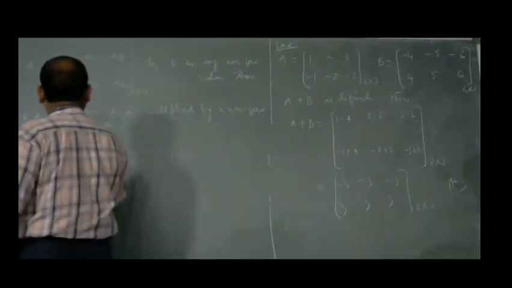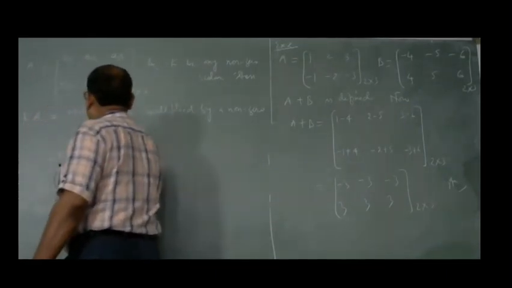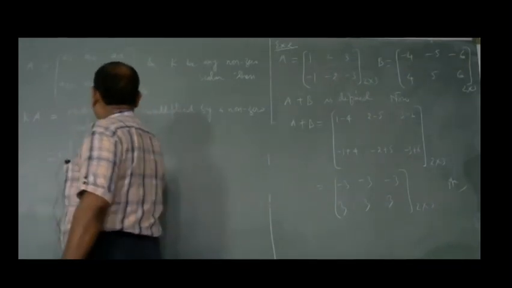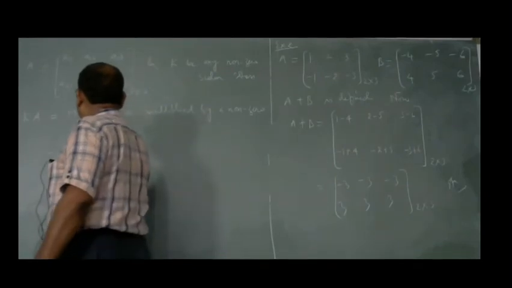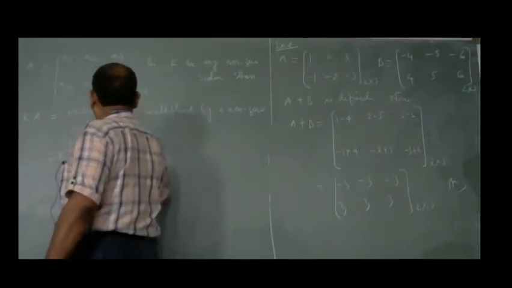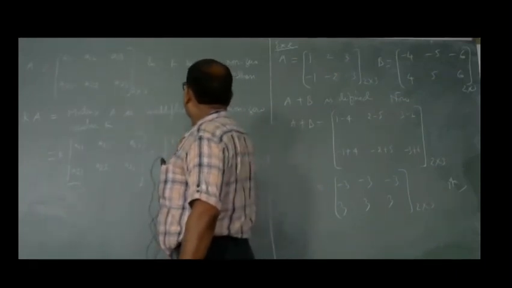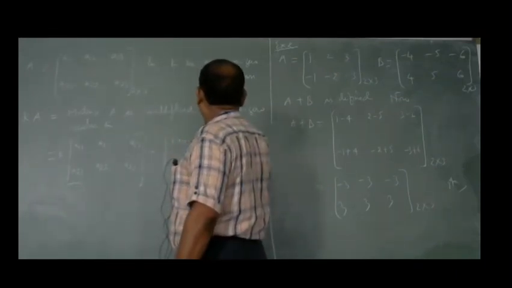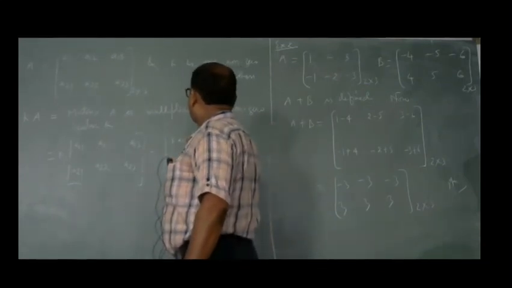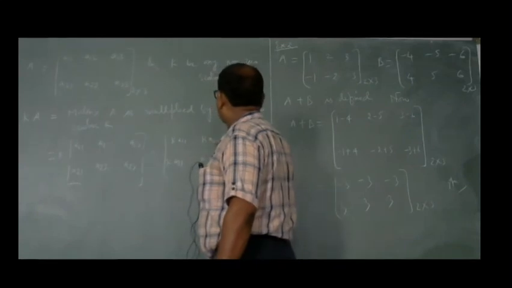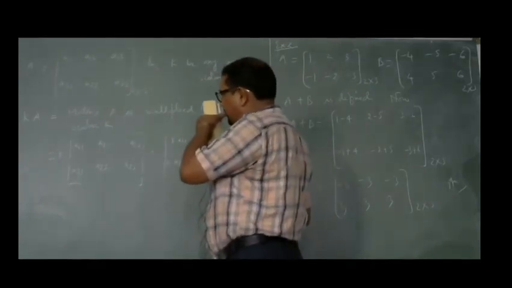This is equal to k into the matrix a11, a12, a13, a21, a22, a23, which is equal to the matrix k a11, k a12, k a13, k a21, k a22, k a23.